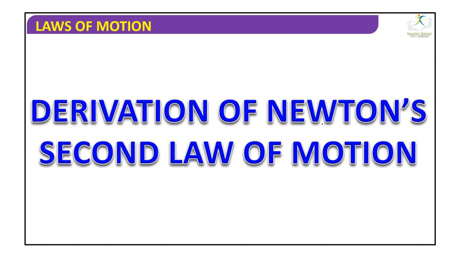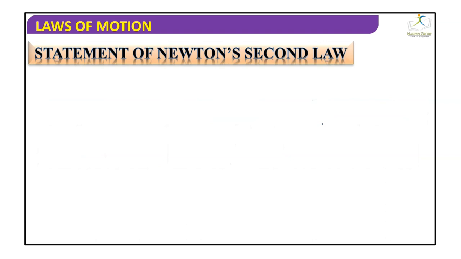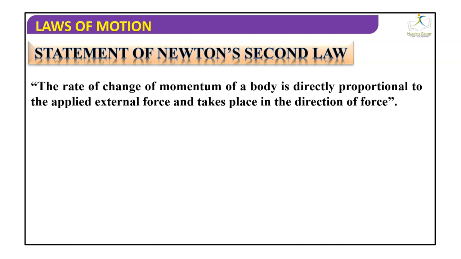Now we will do the derivation of Newton's second law of motion. Statement of Newton's second law of motion: the rate of change of momentum of the body is directly proportional to the applied external force and takes place in the direction of force.